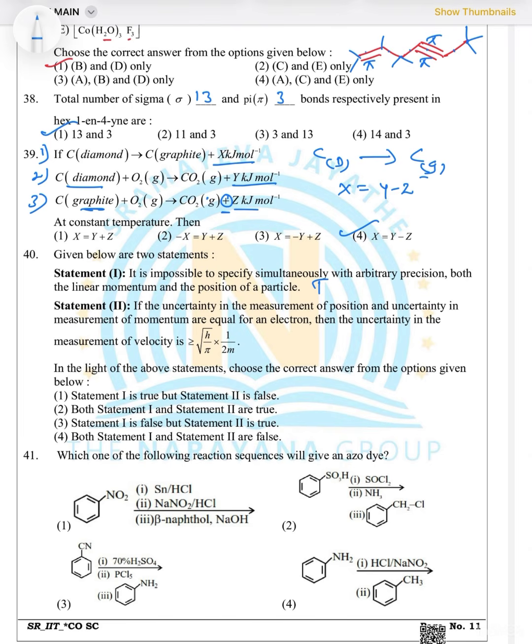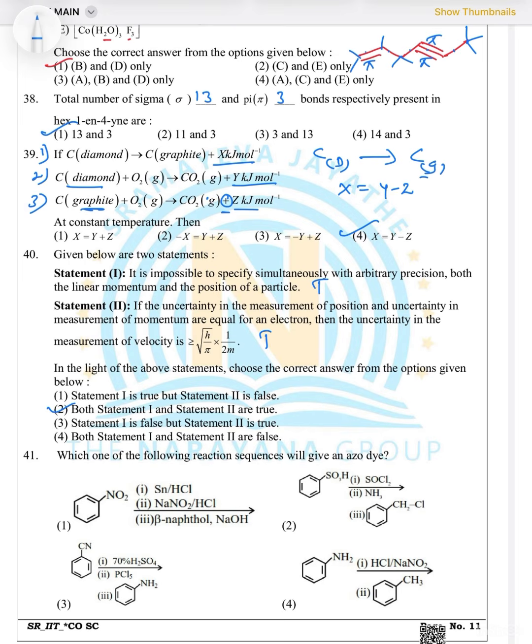Second one: if the uncertainty in the measurement of position and the uncertainty in the measurement of momentum are equal for an electron, then the uncertainty in the measurement of velocity is greater than or equal to the square root of h by pi into 1 by 2m. This is also a correct statement. Both the statements are true.